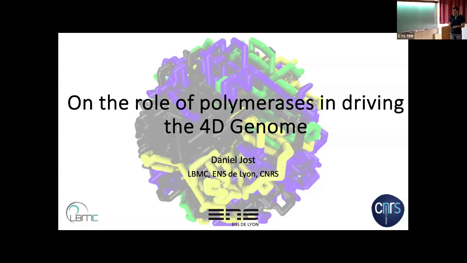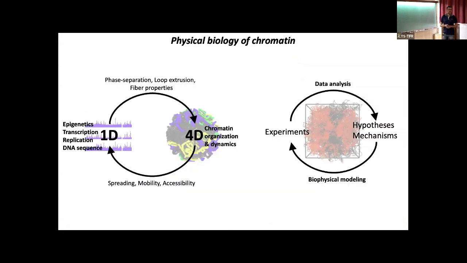So I will present today my work, or our work actually, on the role of polymerases in driving the 4D genome. My group in general is interested in the structure-function coupling of chromatin, and we usually have two types of questions. How the basic biological processes occurring at the chromatin scale may shape chromatin organization and dynamics, and reversely how this organization may have an impact on these biological processes.